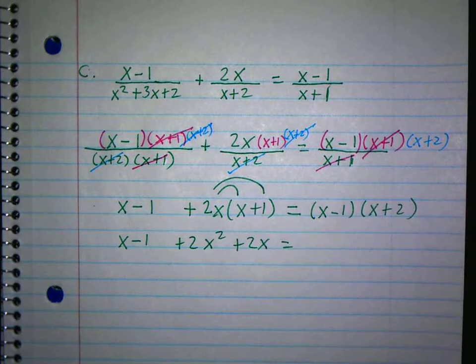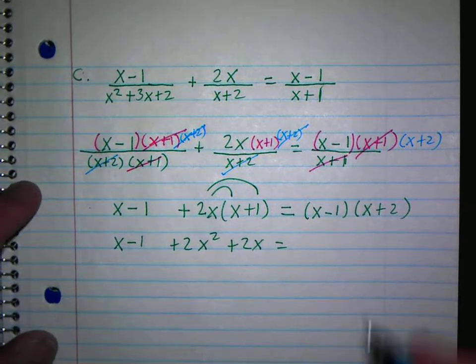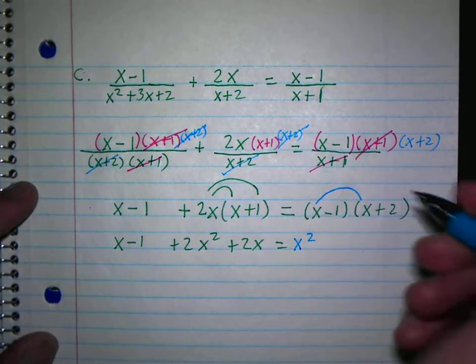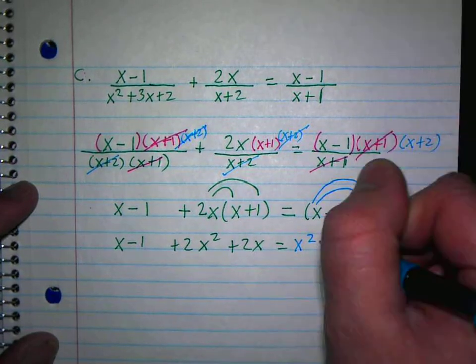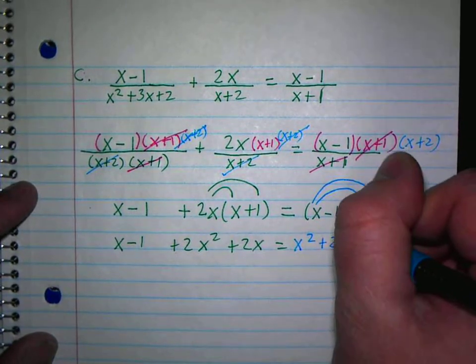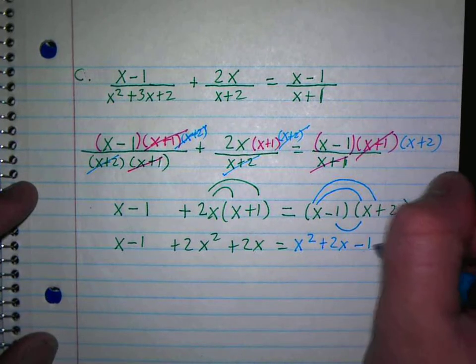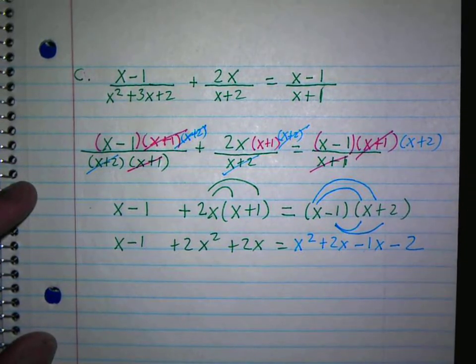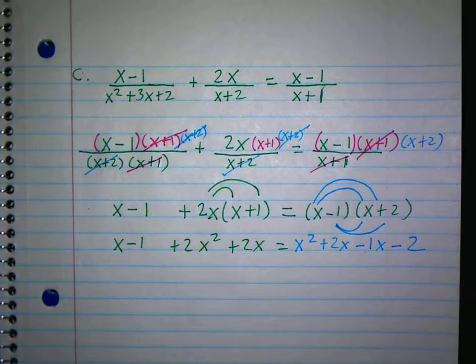Do you remember? Don't you go x times x, x times 2, negative 1 times x, and negative 1 times 2 is minus 2. Now all the parentheses are gone, right?